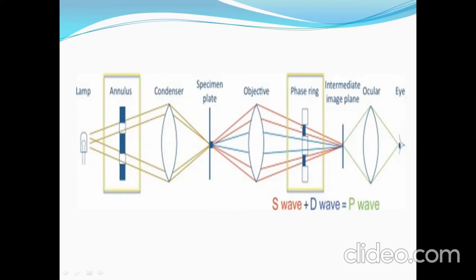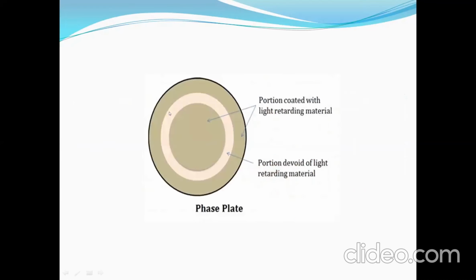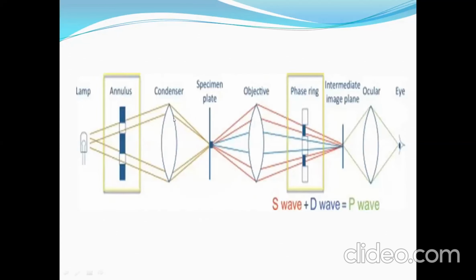They are not retarded because that portion is not coated with the material which retards light waves. So the deviated light rays are initially retarded and again retarded, whereas these rays are not retarded at either point. Obviously they will reach here earlier than the deviated light, as the deviated light is retarded here and also there.